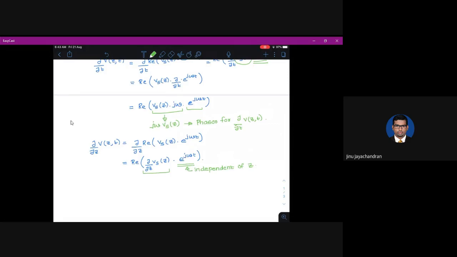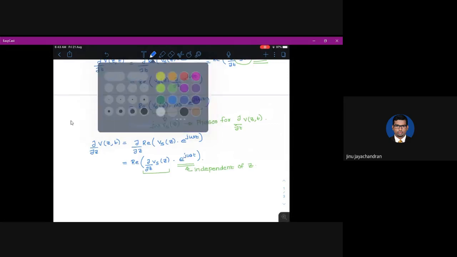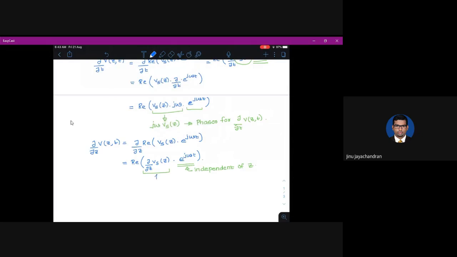Okay. So this term will be our new phasor. So you have dou by dou z Vs of z. Now since Vs of z is a function of z only, I can write this as d by dz Vs of z.